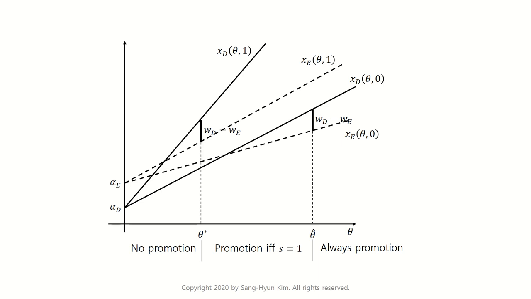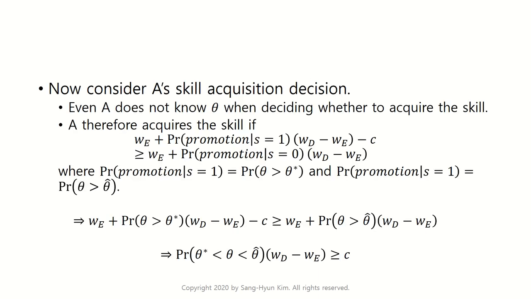So if theta is in between, the worker is promoted only if S is 1. And if theta is very large, then the worker will be promoted anyway, because for a difficult job, talent is important. And if it turns out that the worker is really talented, then the principal will promote the worker to generate greater output. Okay. So that's the promotion strategy.